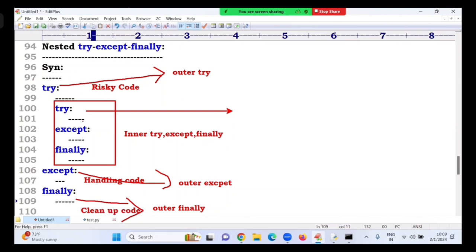Now, which type of code do we have to write into our inner try block? Too much risky code we have to write into the inner try block. At the time of persons, any person, two types of categories are there.